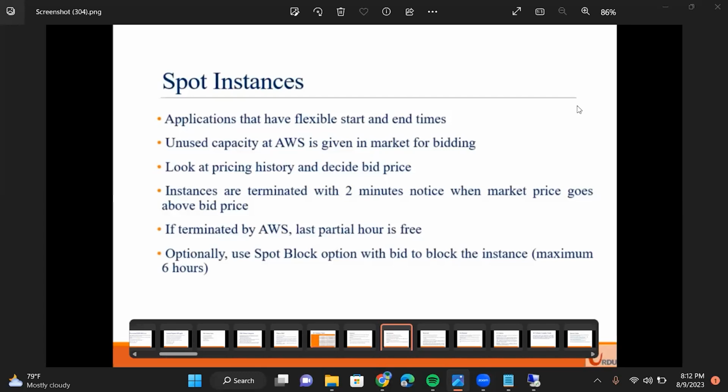Because these virtual machines are not in day-to-day use. They are not used by everyone. Only some particular kinds of companies use these EC2 instances. So to meet the demand and supply curve, Amazon came up with this bidding format. Getting it, guys?